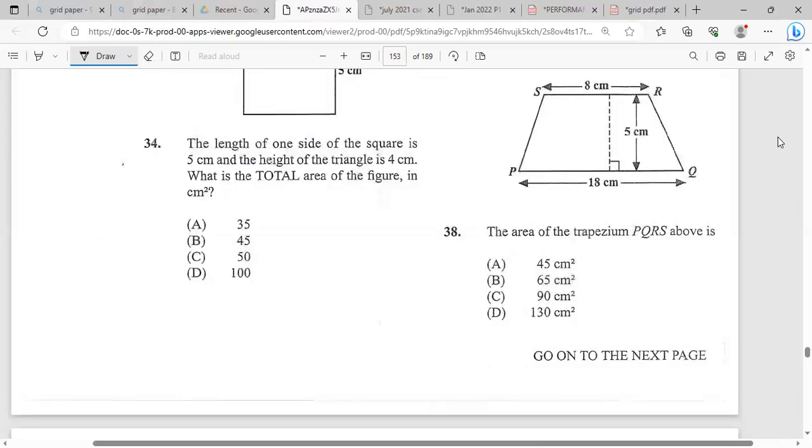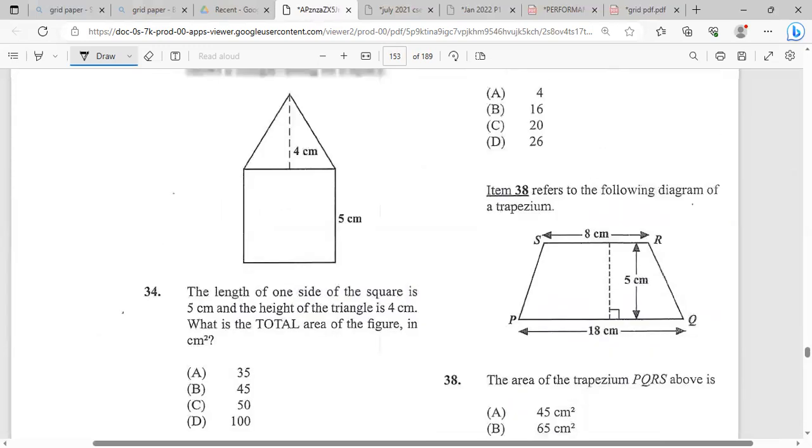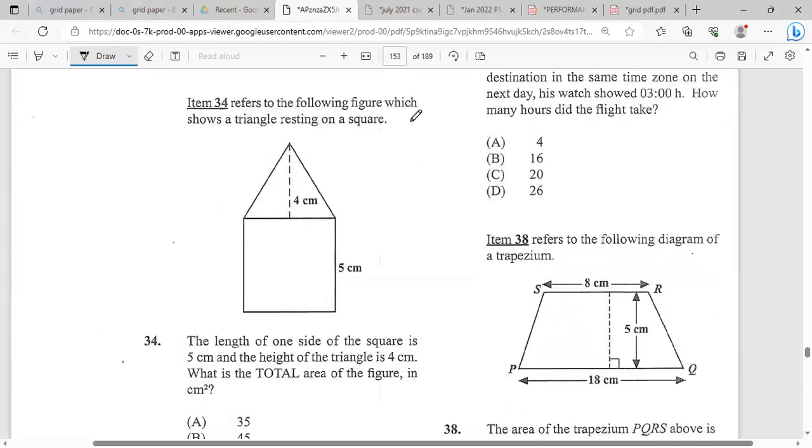All right, 34. Item 34 refers to the following figure, which shows a triangle resting on a square. So that means everything is 5. Guys, as you do it, just drop in information as you read. The length of one side of the square is 5 and the height of the triangle is 4.